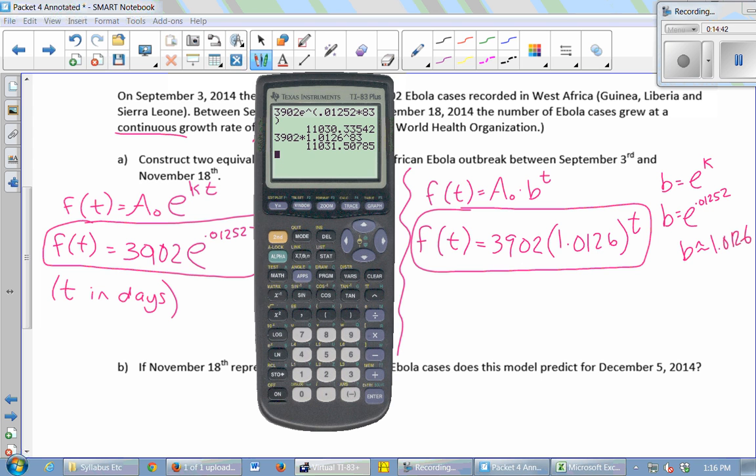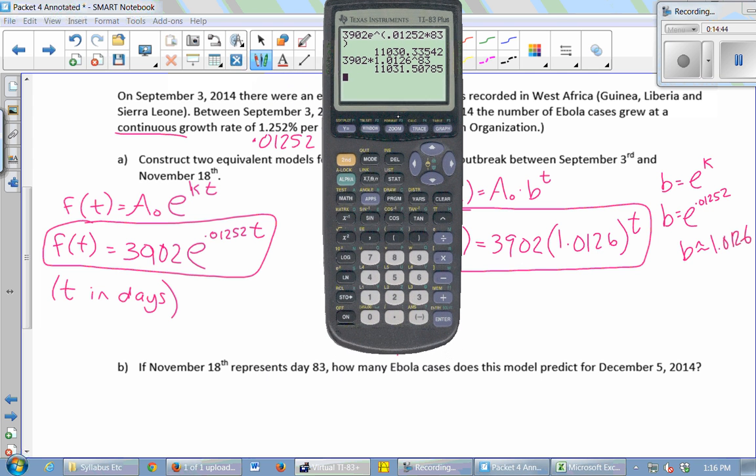So either way, it comes out to approximately, oh, whoops, that's not what they asked me. So November 18th, so let's see, day 83. Both models give approximately 11,000, we'll just say 30, round to the nearest 10, 11,030 cases.